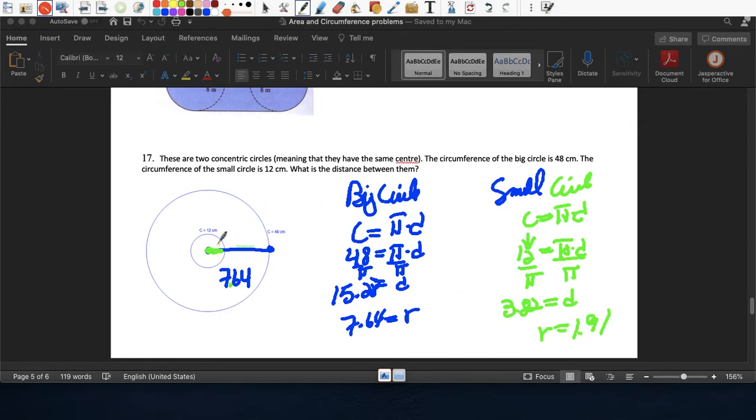So this green part of the small circle is 1.91. And the radius of the big circle, from the center all the way to the edge, is 7.64. So if I subtract these two, I get the distance from the small circle to the big circle. So 7.64 minus 1.91 is 5.73 centimeters.